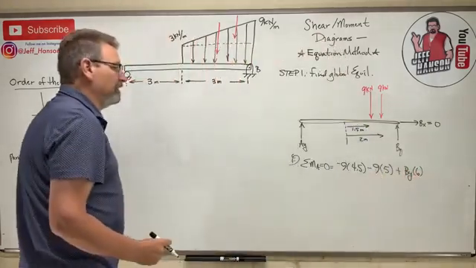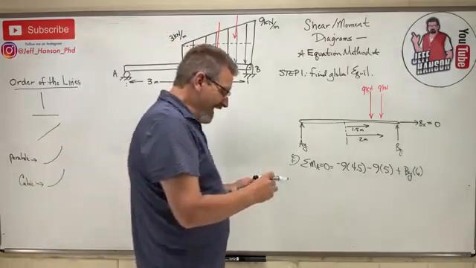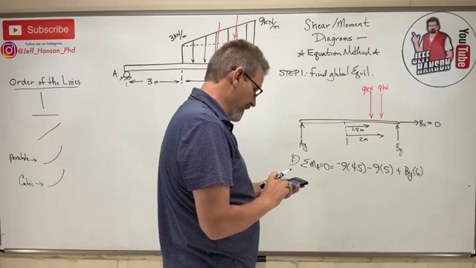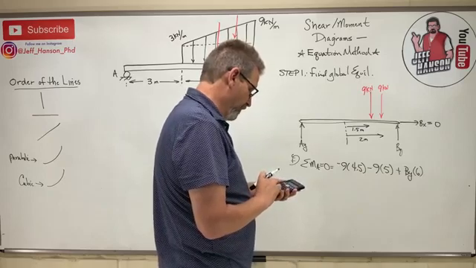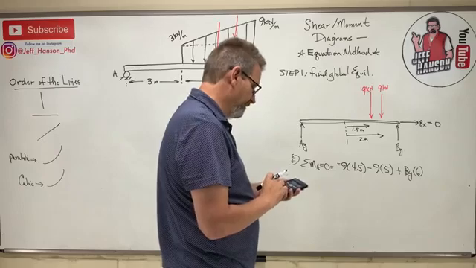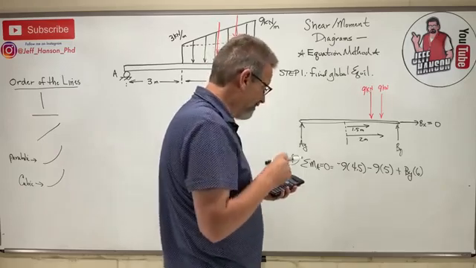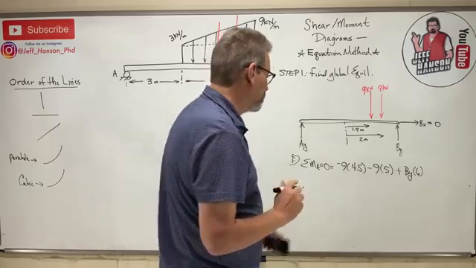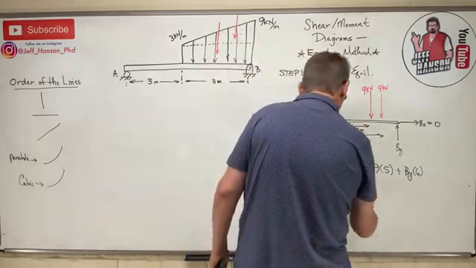How much is that? Well, that is 9 times 4.5 plus 9 times 5 equals 85.5, and then divided by 6. How about 14.25?